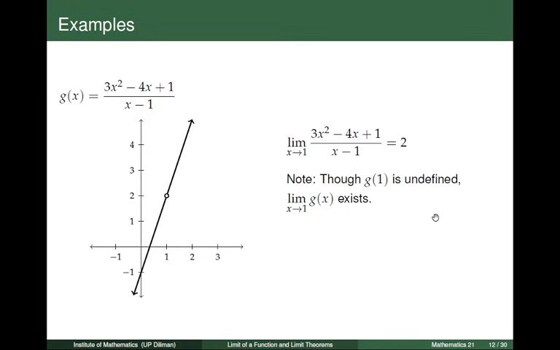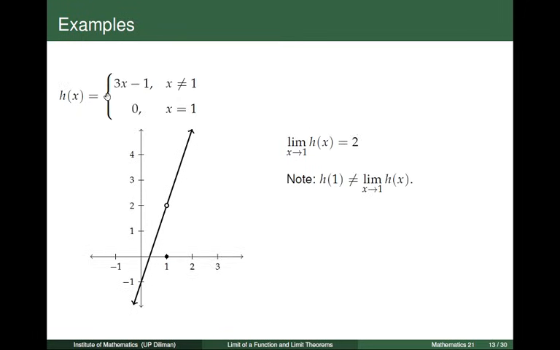Now, how about the third function, h? So h is the piecewise defined function where the definition of h is 3x minus 1 for x values not equal to 1 and 0 when x is equal to 1. Right? So the graph of h is this line here with a hole and this isolated point located at (1, 0).